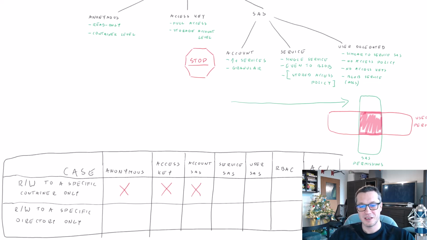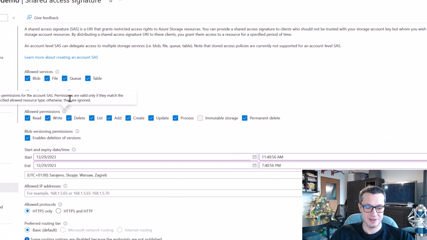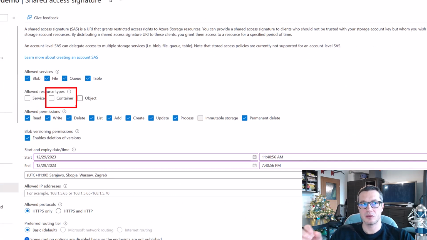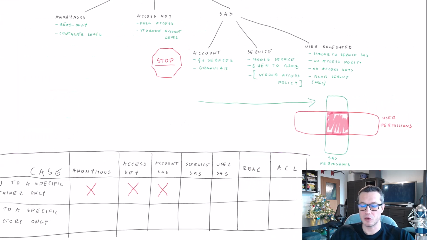Why? Because when using those account level SAS tokens, we are not able to indicate to which container we want to grant access. We can define that we want to grant access at the container level, but not at which container. So no, it will not work.